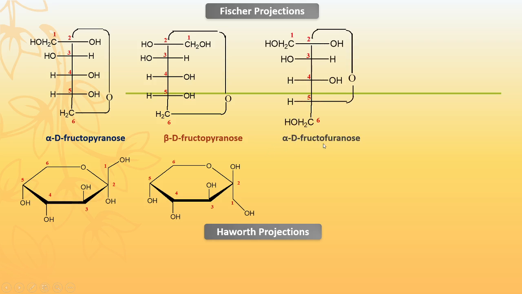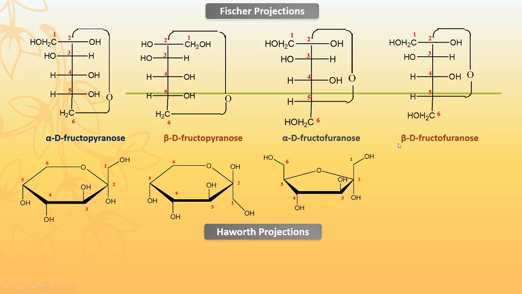This is the alpha D-fructofuranose. This is again for the Haworth projection. This is the beta D-fructofuranose and this one is a Haworth projection for the beta D-fructofuranose.